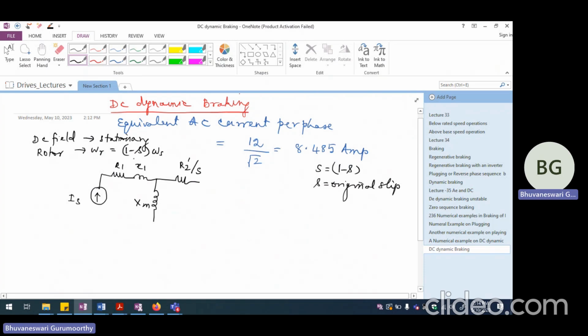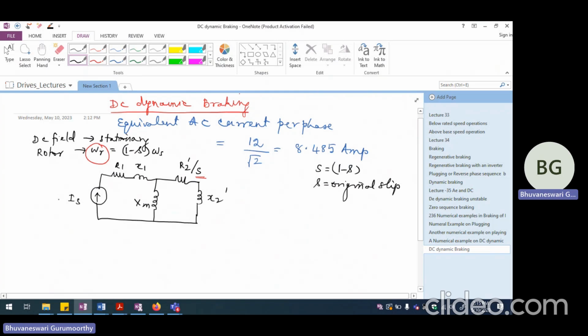So if the rotor is looking at the DC field, it will look at it as though the DC field itself is rotating in the opposite direction with the speed of omega r. So that is the reason why we have taken that corresponding to the induced frequency and so on. So now to complete the equivalent circuit, I should draw here x2 dash, and this is the overall equivalent circuit of the induction motor on a per phase basis when we are implementing DC dynamic braking. And what is the kind of current we are injecting currently?